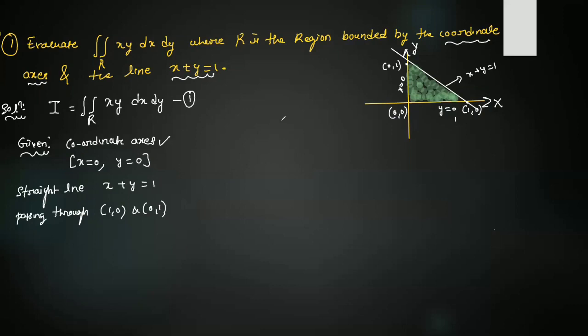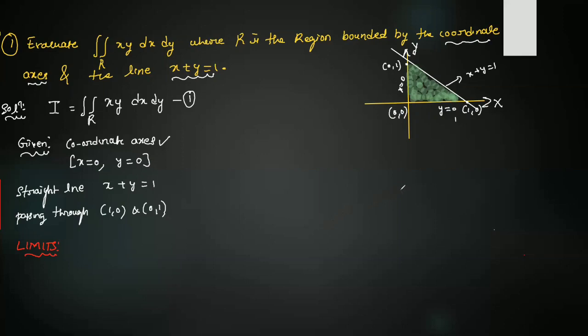Now, the next thing is we need to find the limits for our integral. When we find the limits, we need to understand which one we will take as the independent variable.